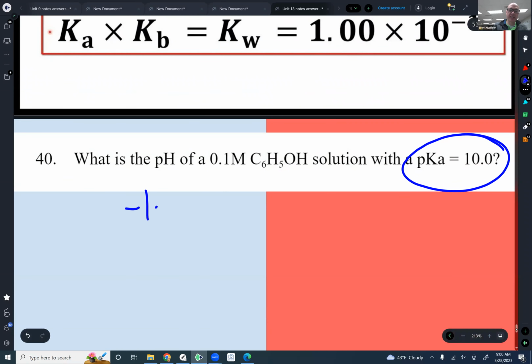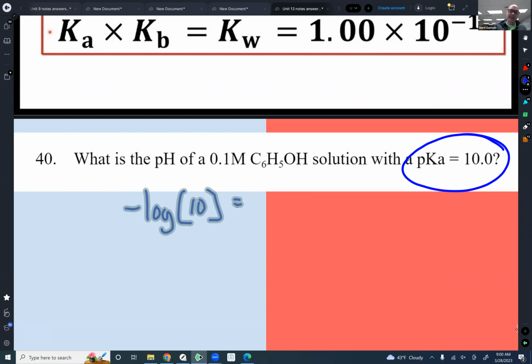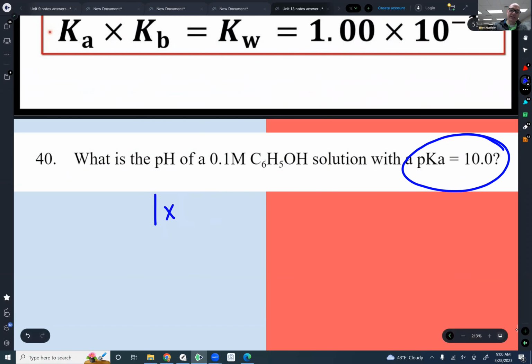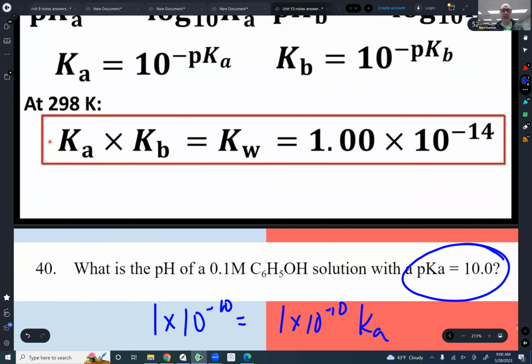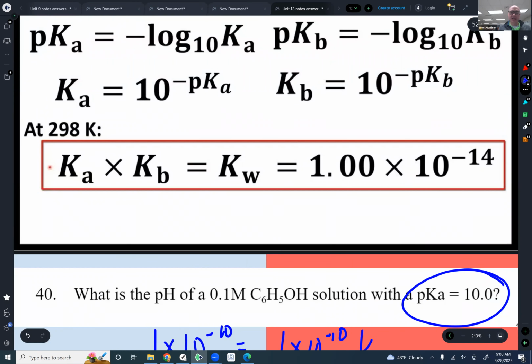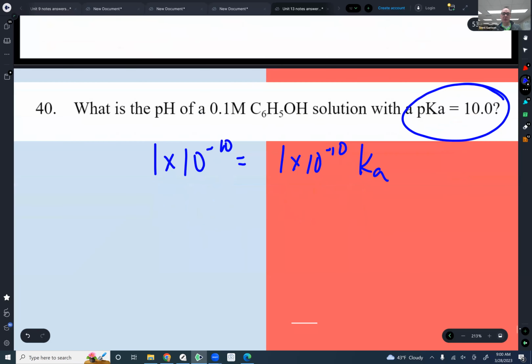So what we're going to do is negative log of 10. Because we have a pH. And so what we're going to do is the 1 times 10 to the negative 10. And what you end up with is 1 times 10 to the negative 10 is my constant, is my Ka value. So now what we're going to do at this point is try and plug this in to solve for a pH.